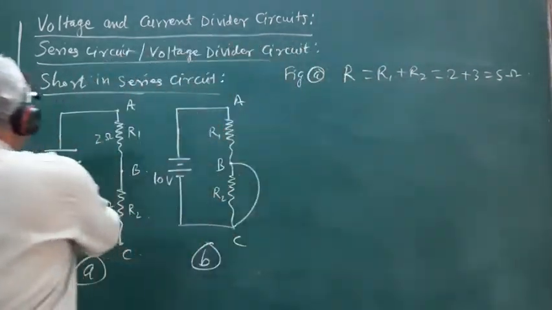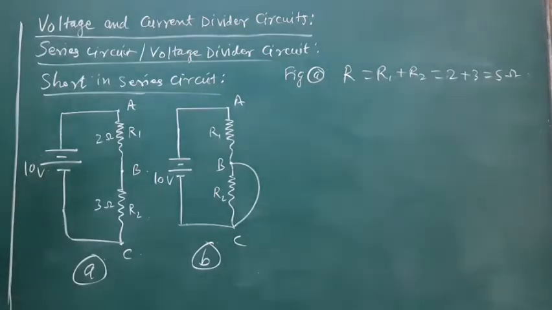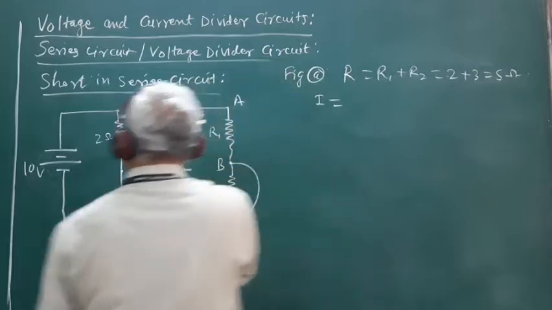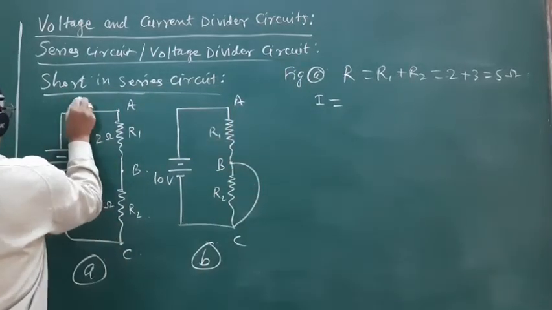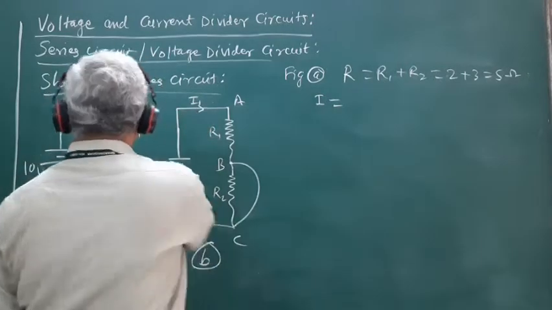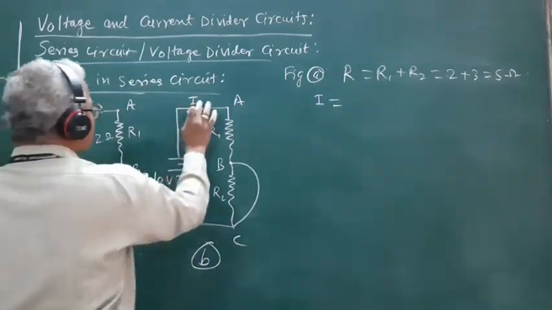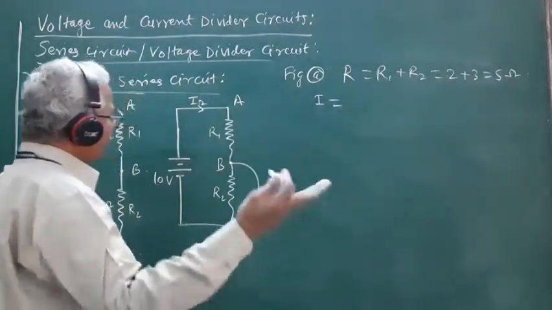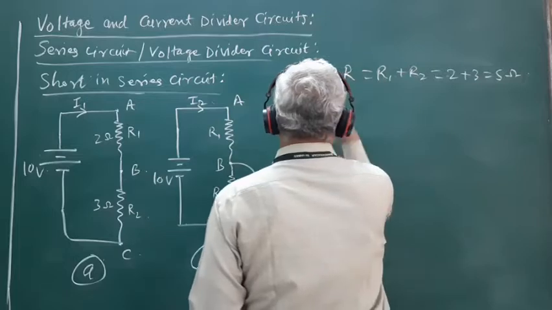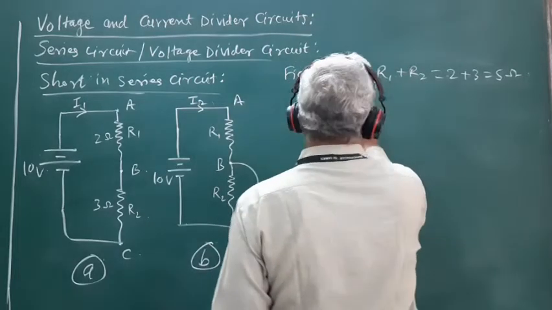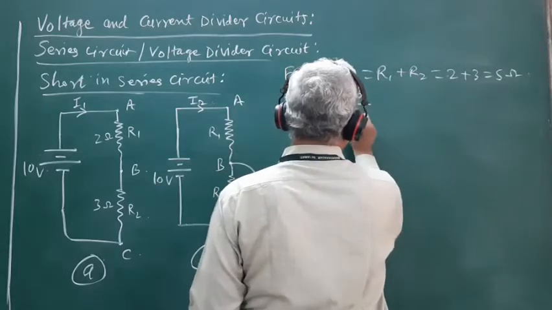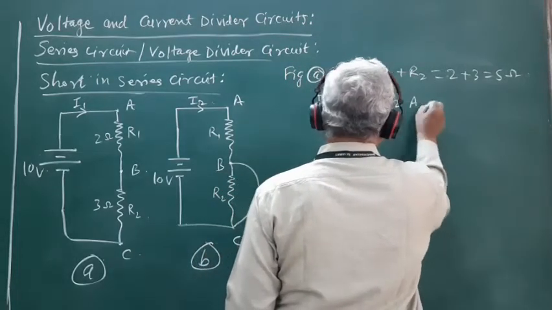And if a voltage source of 10 volt is applied across this series combination, then the current I flowing through the circuit, say this is I1, will be equal to 10 volt divided by 5 ohm. So this is 2 ampere.